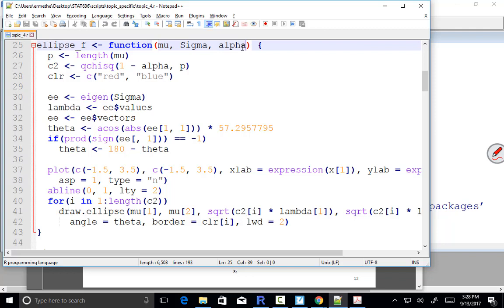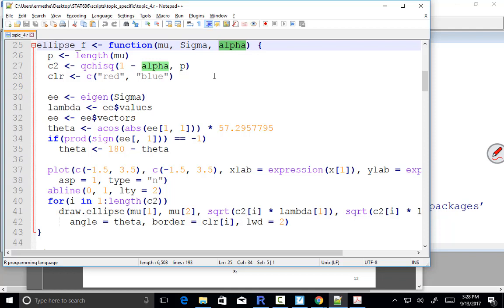Alpha is intended to call to mind critical value kind of alpha, because this constant distance from the mean is going to play a key role when we do confidence regions that are like multivariate versions of confidence intervals. For a confidence interval, the width depends on how confident you want to be.